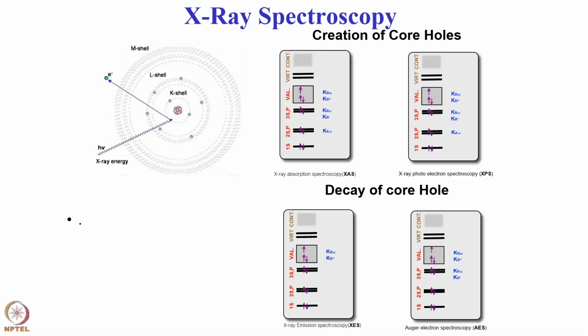It gives us information about the arrangement of the atoms, what the chemical environment is, what the distance is. That is why X-ray absorption spectroscopy is so important.